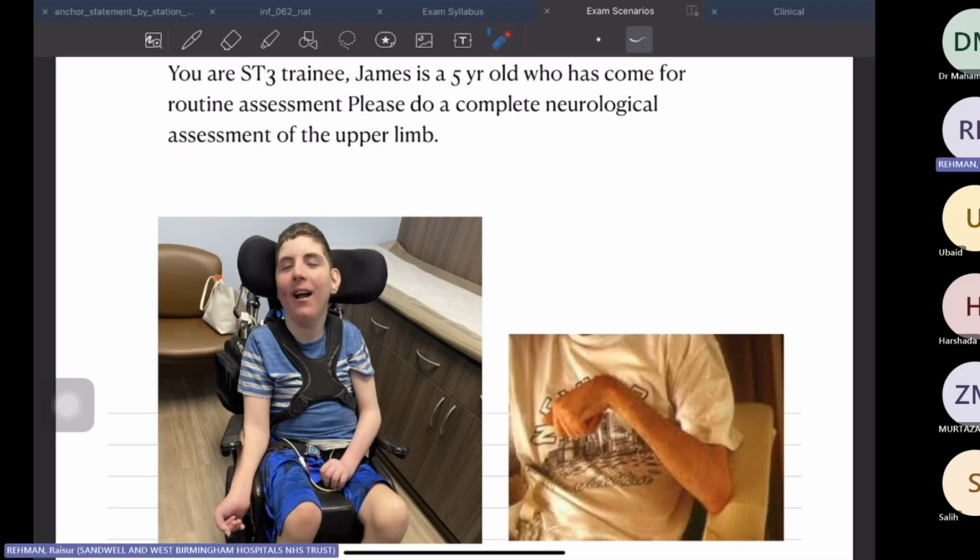What deformity would you look for? There's no obvious deformity of the hand. Okay, so now I would like to move up the arm. You can see the limb posture and the attitude of the hands as you can see here.